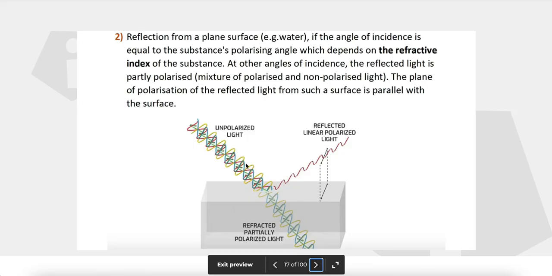But if the angle of incidence is equal to the polarizing angle of this substance, which is dependent on the refractive index, this will result in part of the light being reflected as polarized light. So polarized light can be produced by reflection from a plane surface.